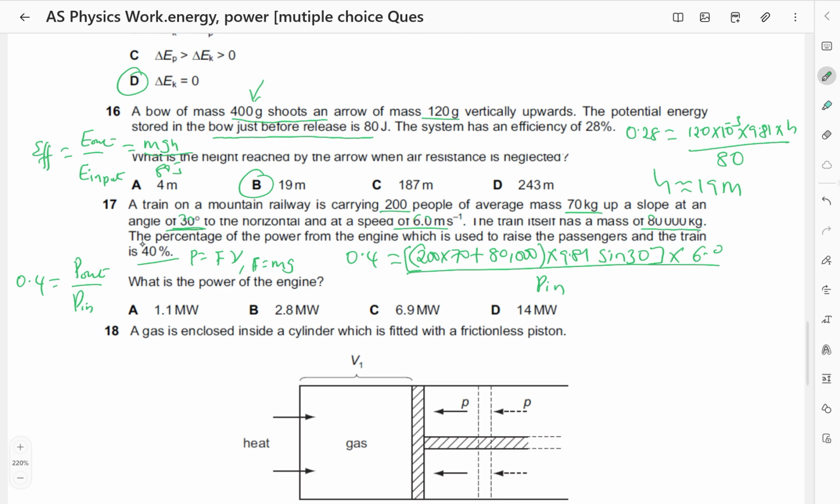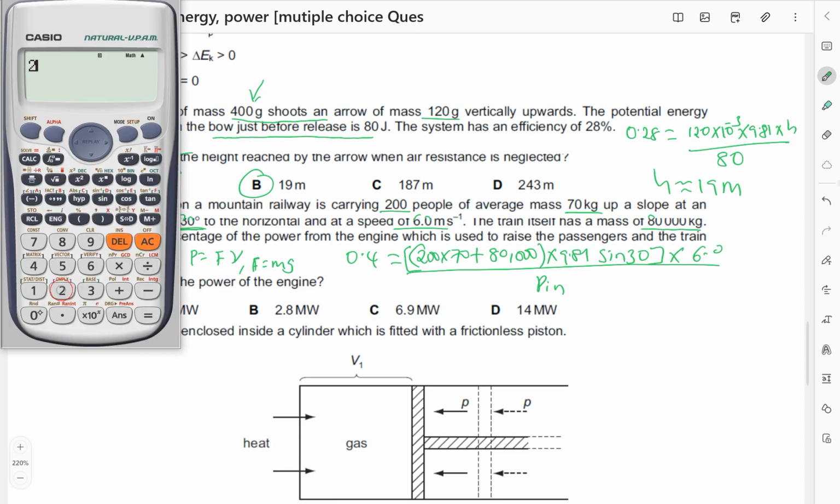So using the calculator, I'll just get the power in: 200 times 70 plus 80,000, times sine of 30, then times 6, and I will divide this by 0.4. And this is giving me, I don't know that this is correct.